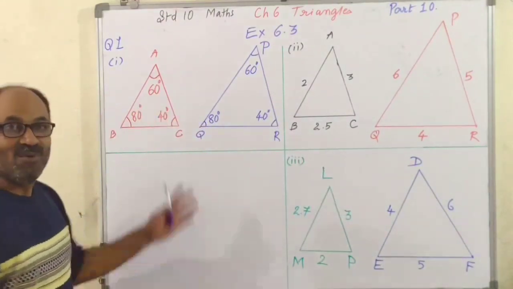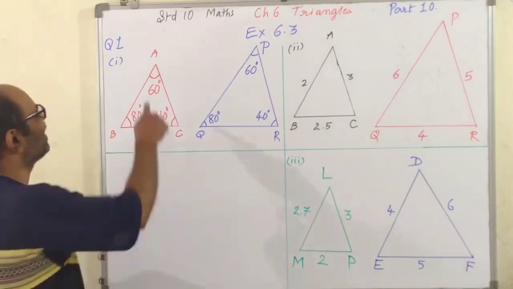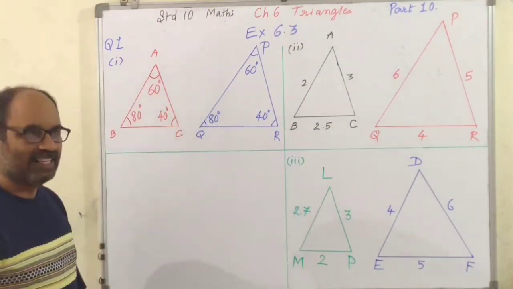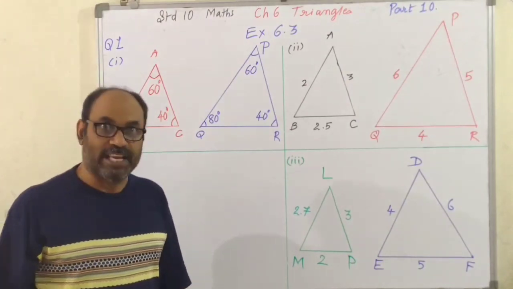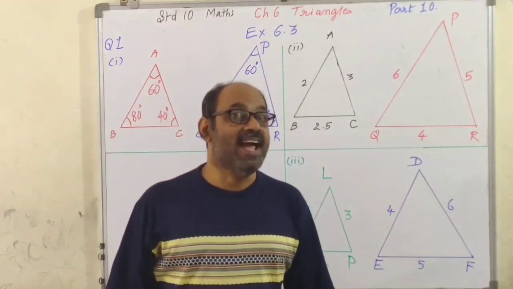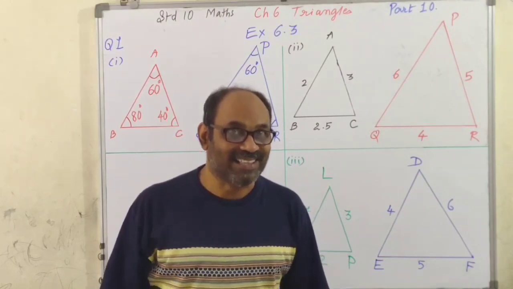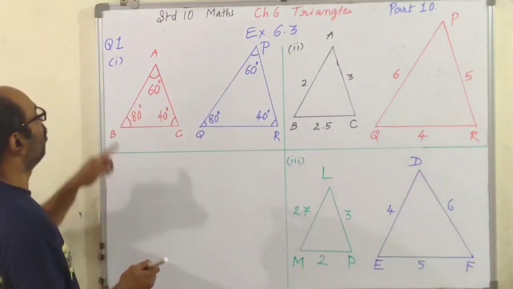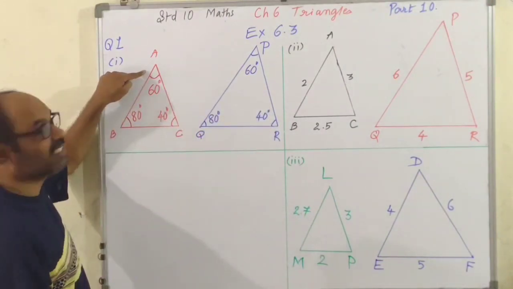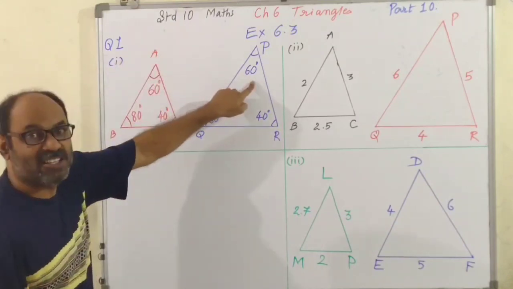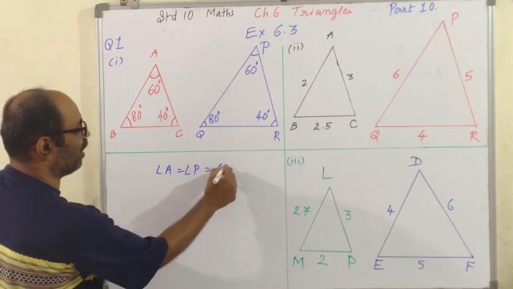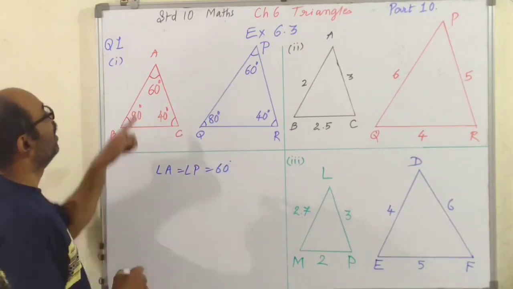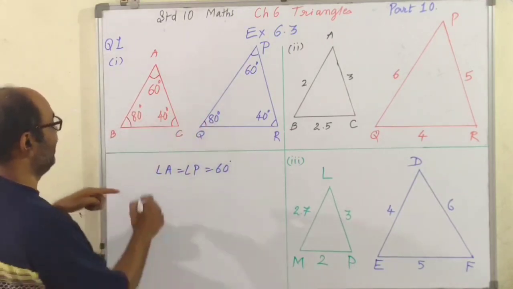First one. What do you see? Yes, you have details about the angles. So you have to think of AAA. Correct? Let's see. Follow. Angle A is 60 degrees, and angle P is also 60 degrees. So angle A equals angle P equals 60 degrees.